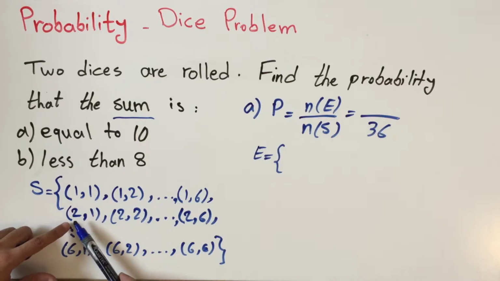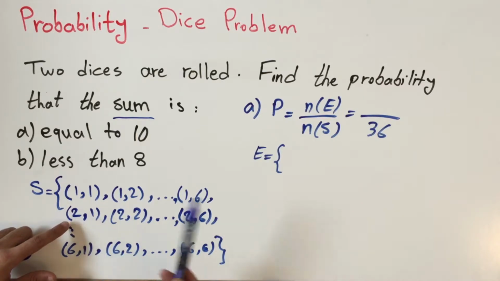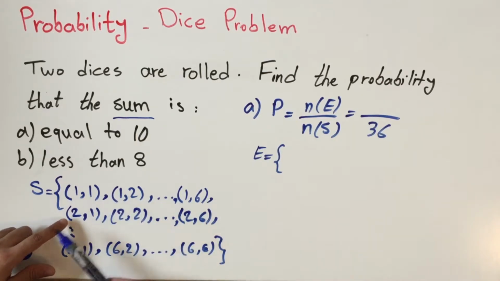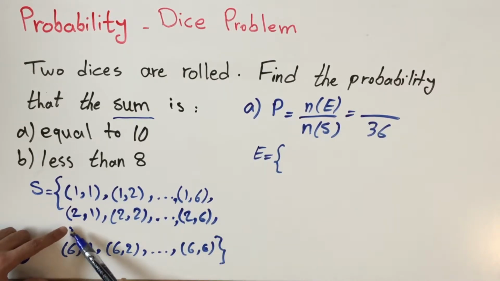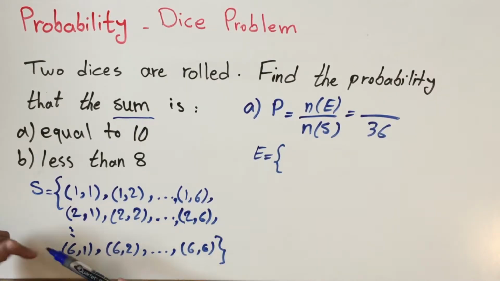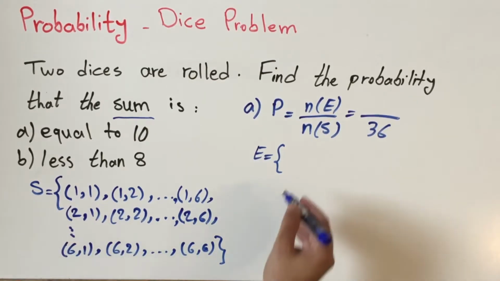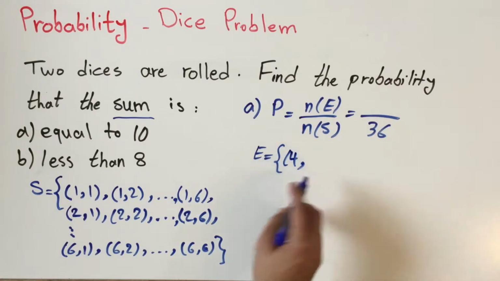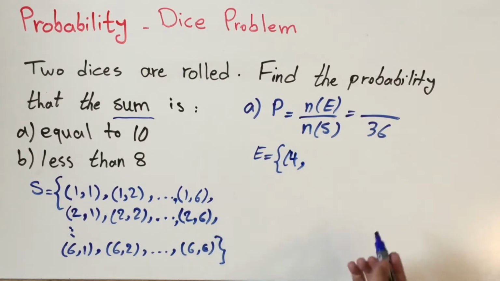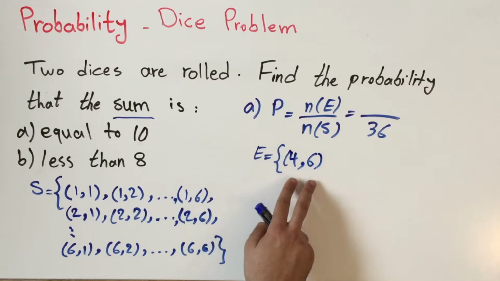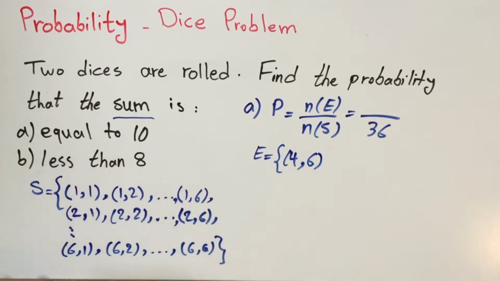If you have 2 for the first die, the second die should be 8. Again, we don't have 8. How about 3? If I choose 3, then the other die should be 7, which is impossible. But how about 4? 4 is possible because when you have 4 for the first die, the other die should be 6, so they add to 10, right?